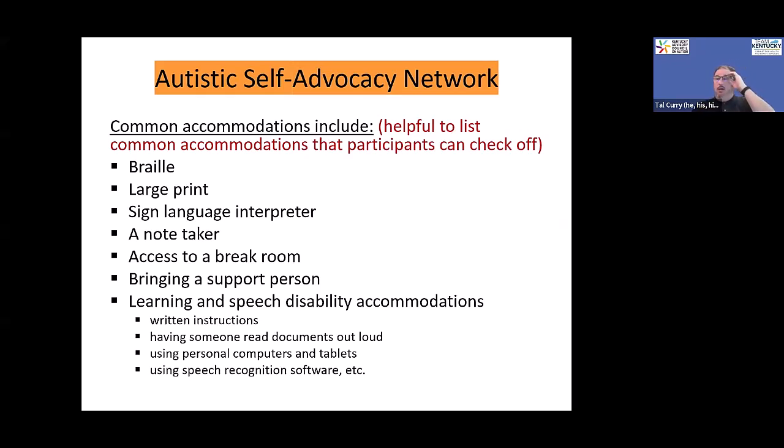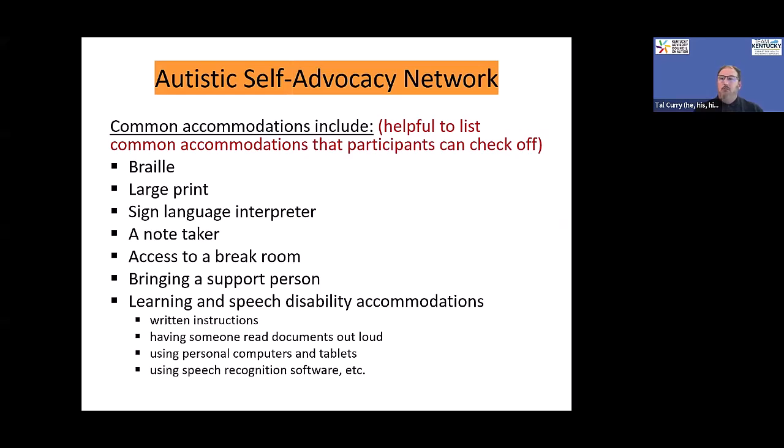So another thing that came from that resource I just mentioned was, if you are creating resources, it's helpful to have a list of common accommodations that autistic participants can check off or that can be available to them.